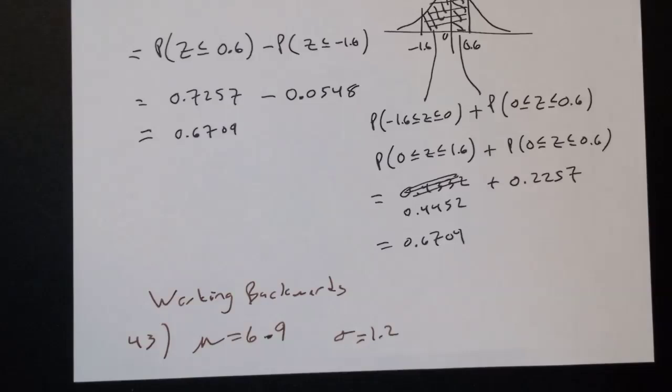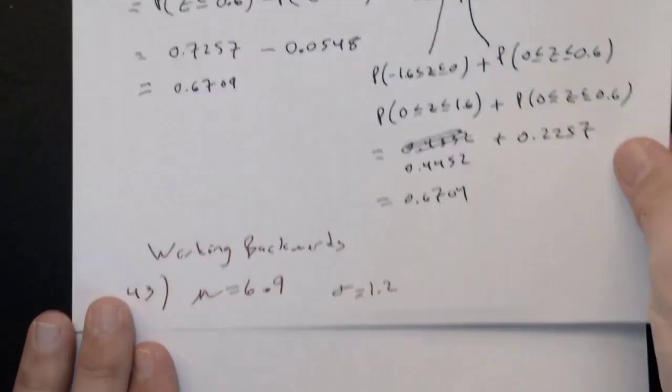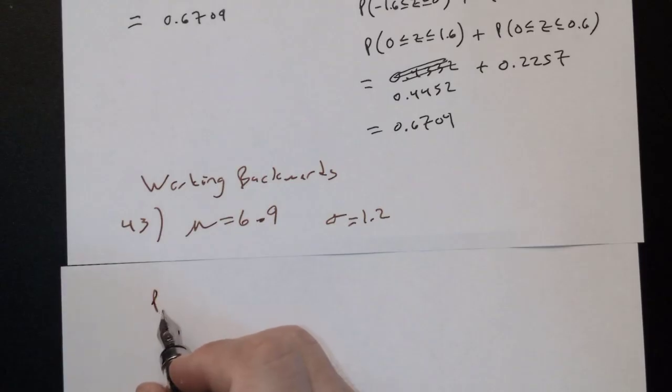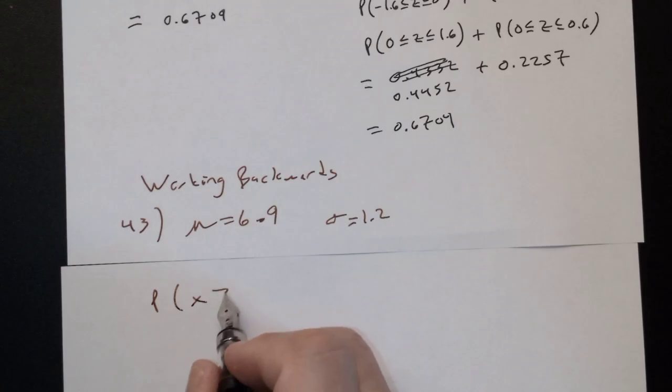Now, if you know anybody who has been pregnant, you'll notice there's a lot of deal made of the weight of a child at birth. This is our assumed distribution. What is the chance that a baby will weigh more than 8 pounds?